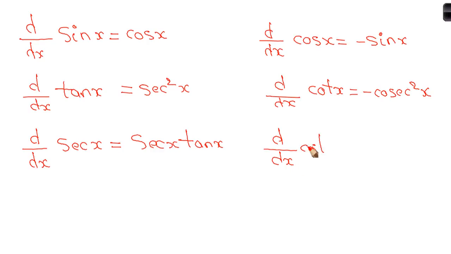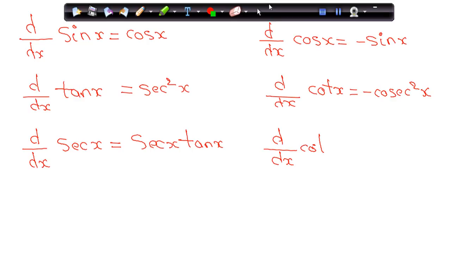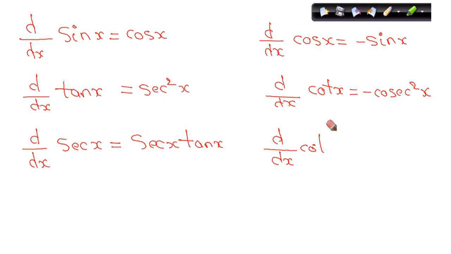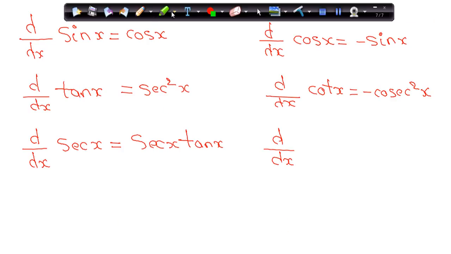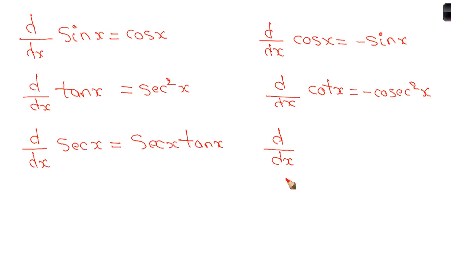Derivative of cosecant x is minus cosecant x into cot x.